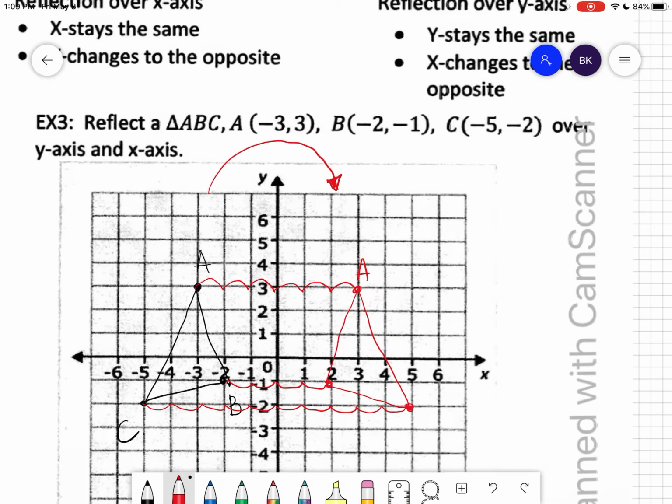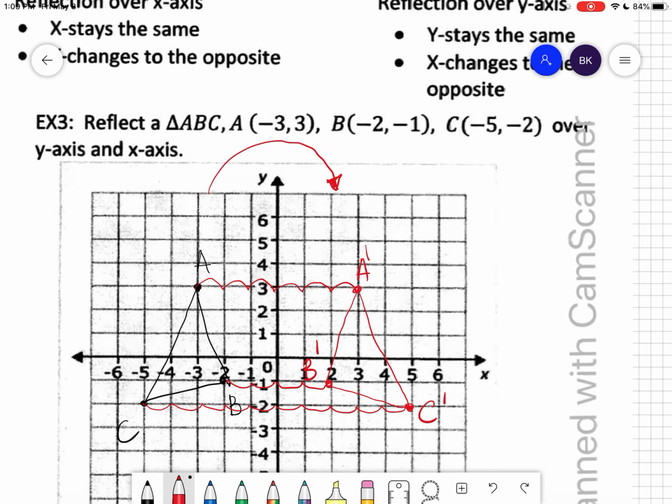And remember, we are reflecting it. So this is C prime, and this is B prime. So these are my A prime, B prime, C prime. I reflected it over the y-axis.